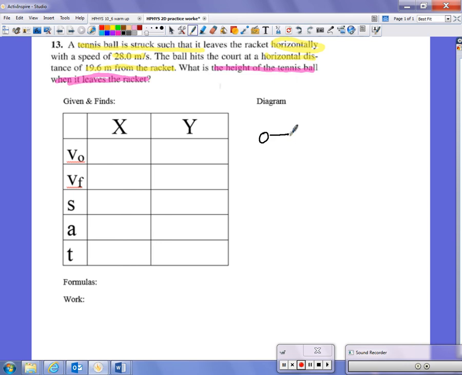It's hit horizontally. It's going to have a curved path, and it's going to hit the ground 19.6 meters away. And it's asking me to find this height here.